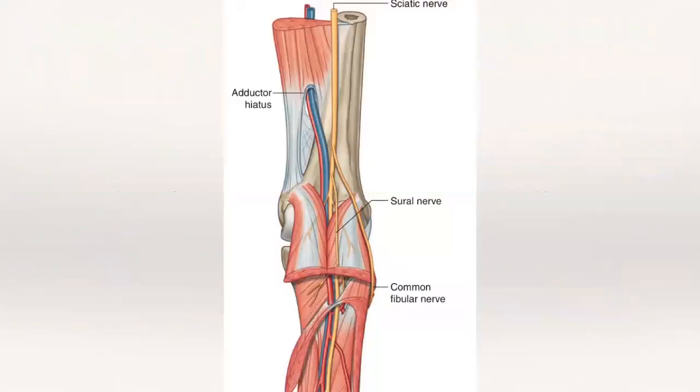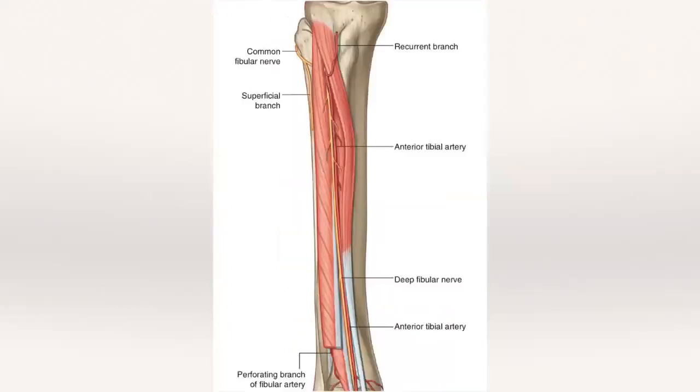So you see, this is the common fibular nerve. This is biceps femoris. You see the common fibular nerve curving around the head of the fibula and taking its course, right? Dividing as superficial branch and deep branch, right?